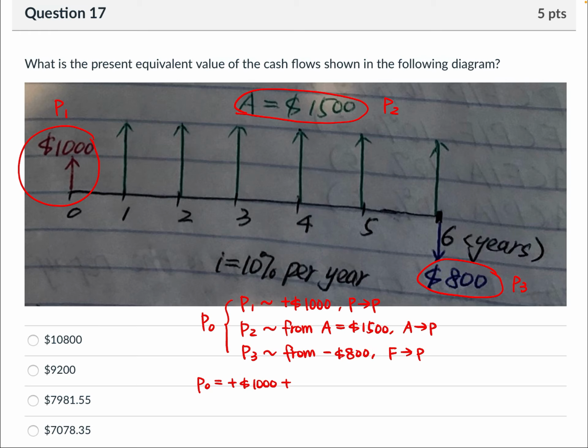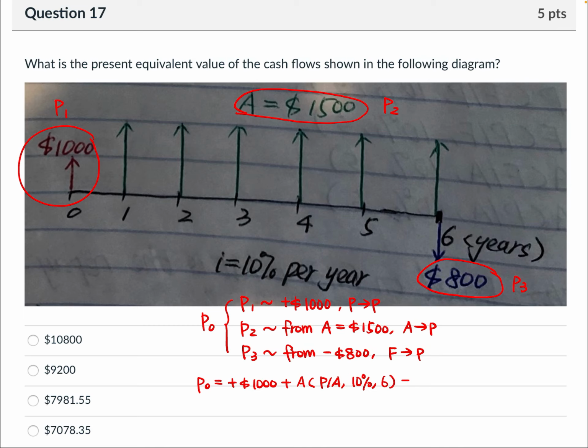You need to convert the annuity to the present worth. So the formula is A times P slash A, 10%, number of years 6. And then you need to have a negative cash flow at the end of the 6th year. That's your part 3. It's to convert a future cash flow to the present worth.